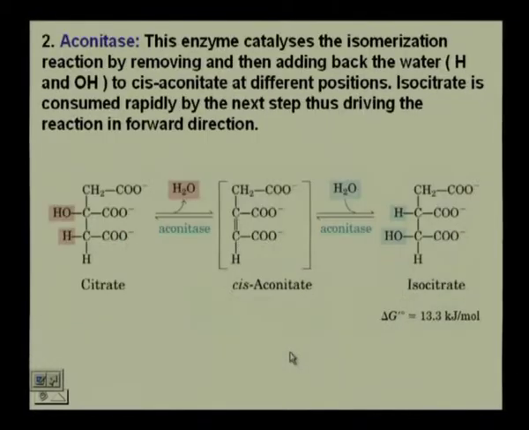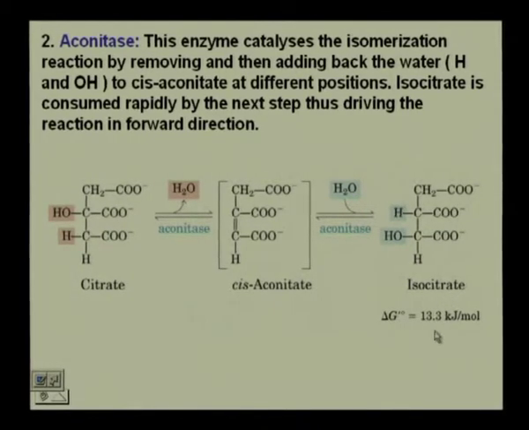Now we have citrate, we have aconitase, that is nothing but an isomerase that forms isocitrate, where you have just the interchanging of the H and the OH on carbon atoms 1 and 2 here. So, you have citrate to isocitrate.